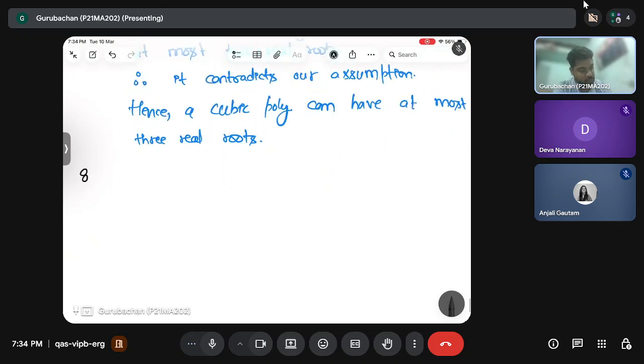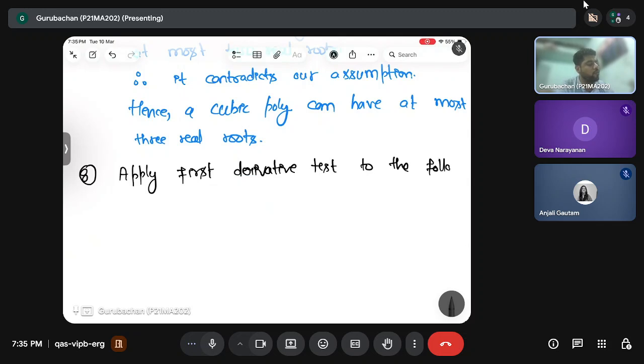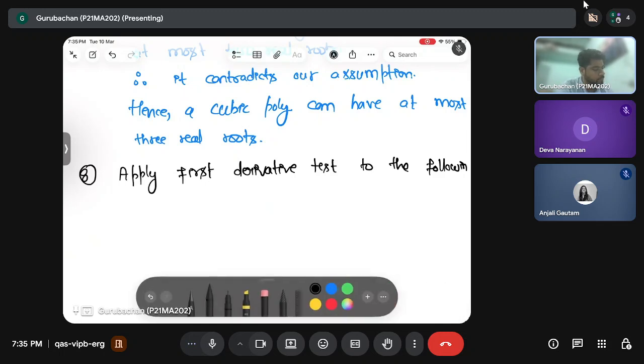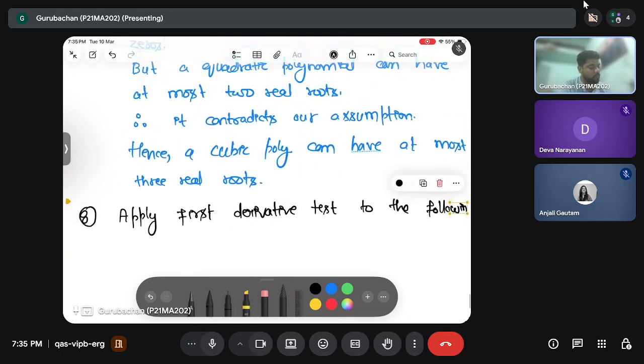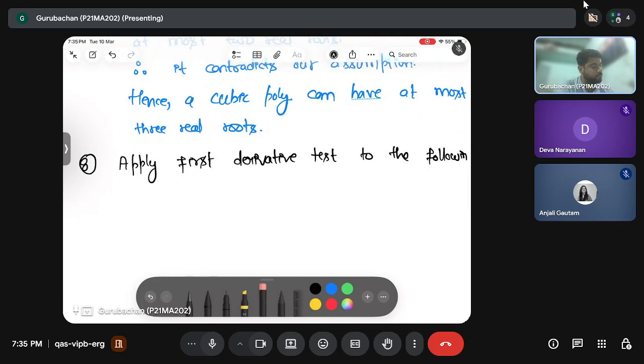So apply the first derivative test to the following functions.